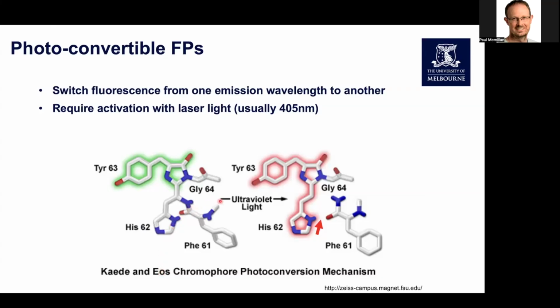We can use ultraviolet light to create a structural rearrangement within the molecule, which converts it from emitting in the green wavelengths to emitting in the red wavelengths. And again, we can use that to track protein trafficking over time after we've done that transition. So very useful. It can also be used in some super resolution applications, which we'll find out about next week.